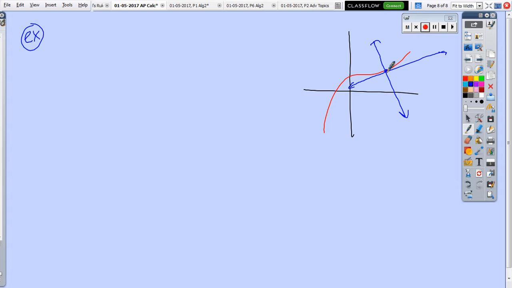So say, for example, you have f of x is equal to 2x squared plus x plus 4, and find f prime of x using a limit. You already know that you can check your work, because you already know what you're doing.